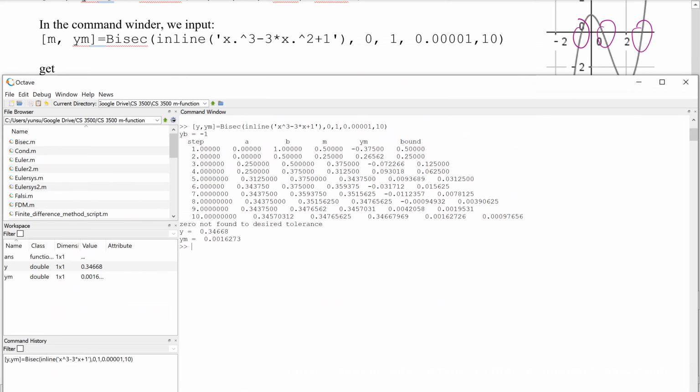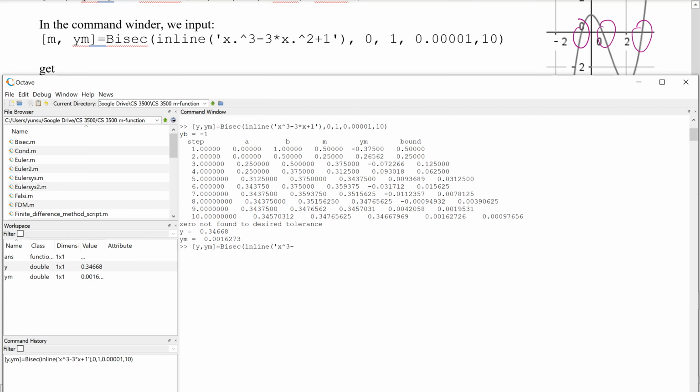Bracket y comma ym equals bisect inline parentheses single quotation mark x squared x cube minus.